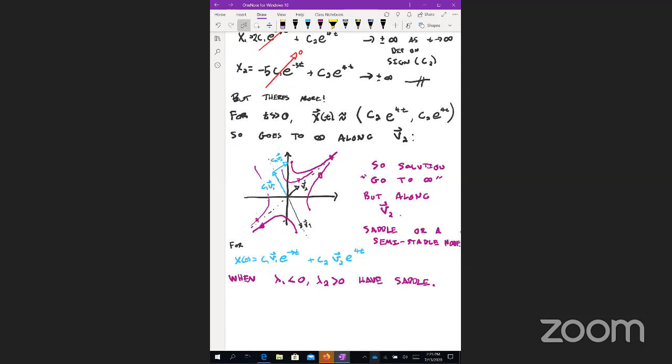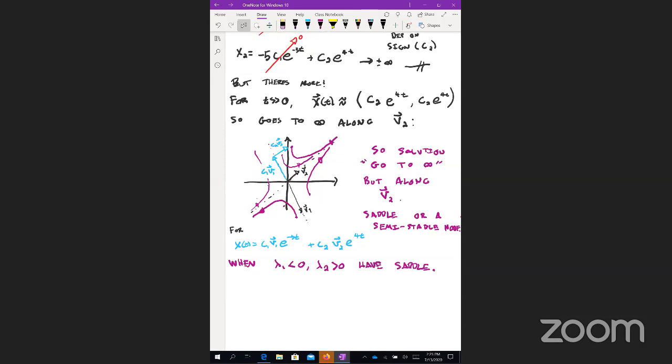Okay, so let's start to think about what will happen in higher dimensions here. Question.